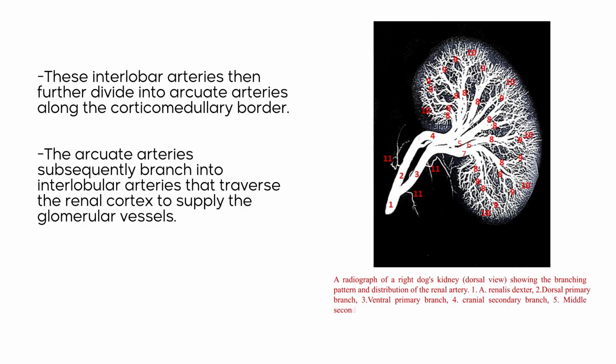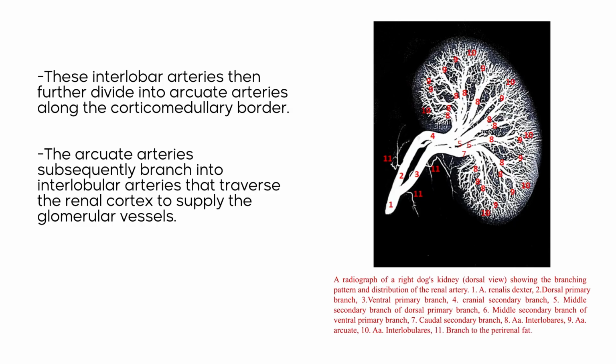Middle secondary branch of dorsal primary branch. 6. Middle secondary branch of ventral primary branch. 7. Caudal secondary branch. 8. A. interlobares. 9. A. arcuate. 10. A. interlobulares. 11. Branch to the perirenal fat.